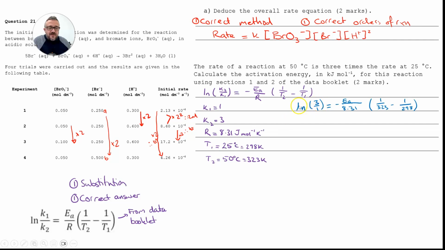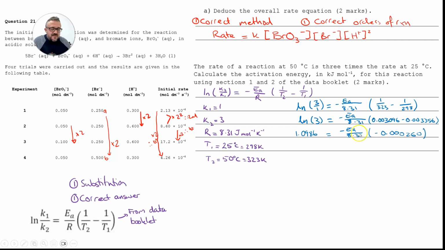So then we sub them in. Natural log of 3 over 1, that's ln 3, equals negative Ea divided by 8.31 times the reciprocal of 323 minus the reciprocal of 298, and we're just working through it each step. So natural log of 3 is 1.098.